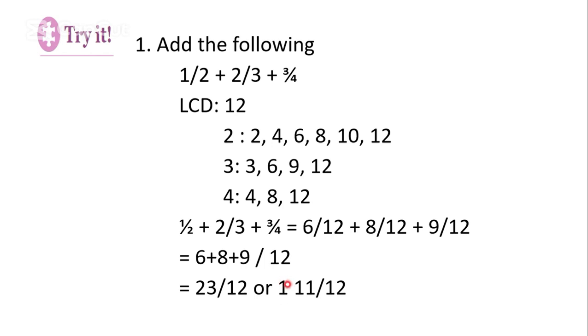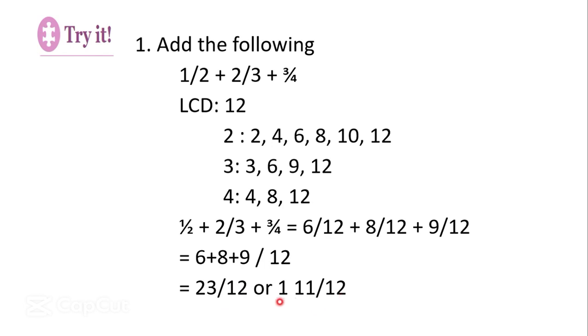So our whole number will be 1 because that is our quotient. The remainder is 11. Why? Because when I multiply 1 by 12, we have 12. So 23 minus 12, our remainder is 11, over our divisor, or the denominator, 12.